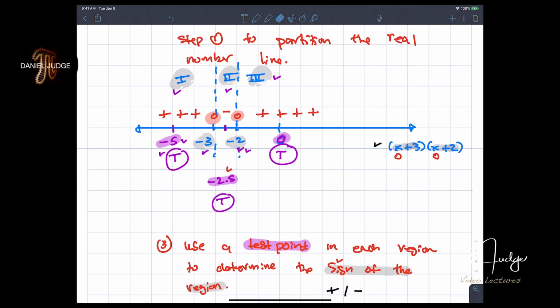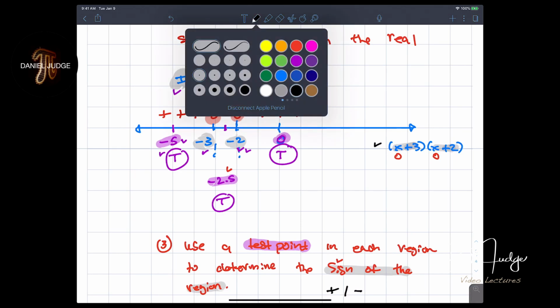Which regions, ladies and gentlemen, to be greater than or equal to 0, you got to be positive. Which regions are positive? Use the picture. You earned it. You did sign analysis. You know the signs. Where do you see positive signs? Which regions have positive signs, ladies and gentlemen?